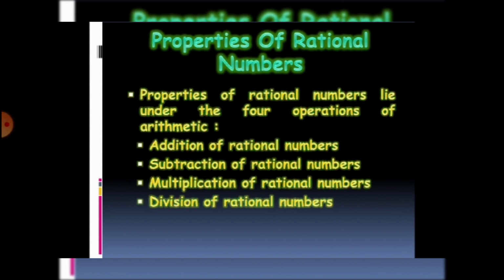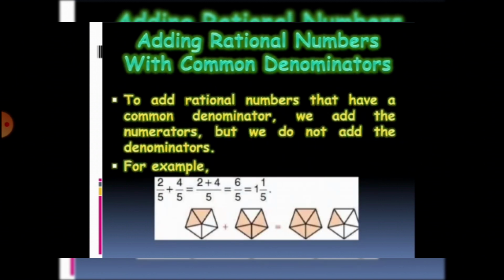And in division, closure property is applicable, but there is an assumption that the second rational number should not be equal to 0. And commutative and associative is not applicable. Now, look at the slide.